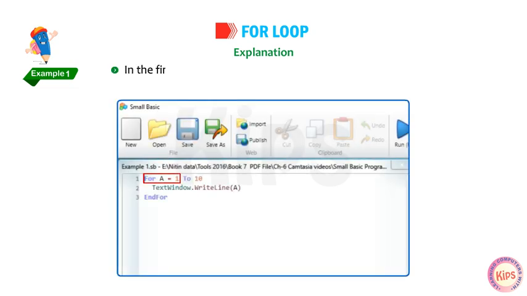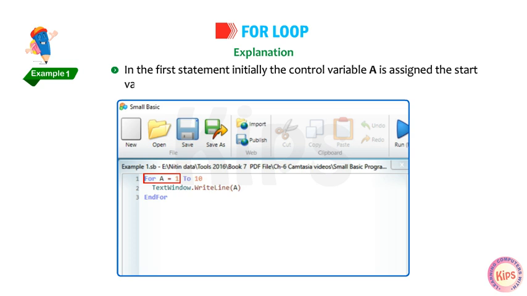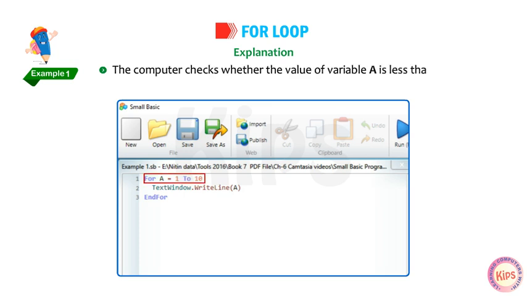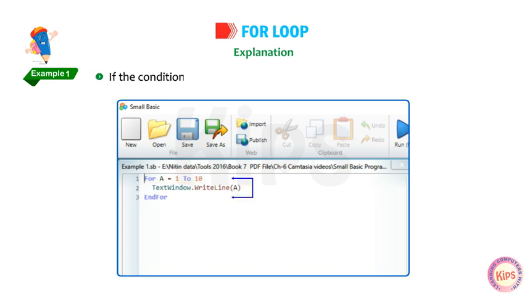Explanation. In the first statement, initially the control variable a is assigned the start value 1. It keeps track of the number of iterations. The computer checks whether the value of variable a is less than or equal to the end value 10. If the condition is true, the statements between for and end for get executed.